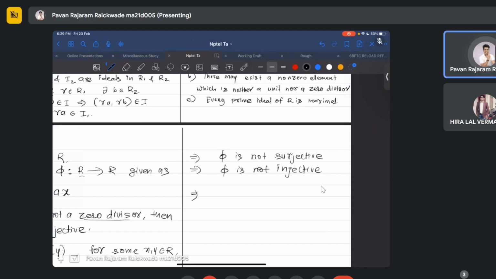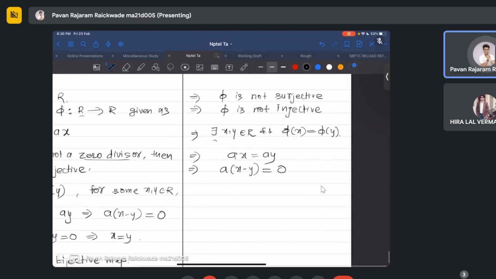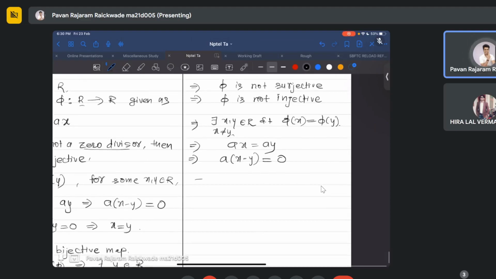Since phi is not injective, there exist two elements x, y belonging to R such that phi of x is the same as phi of y. This implies ax is the same as ay, so a times (x minus y) is 0, where x is not equal to y. This is what non-injectivity means: you get distinct elements whose images are the same.